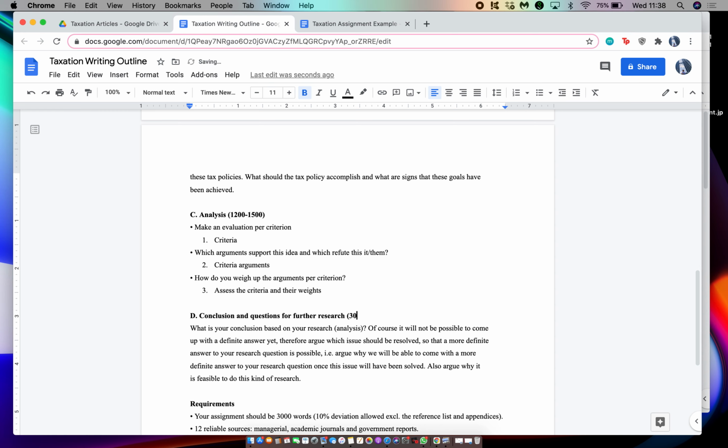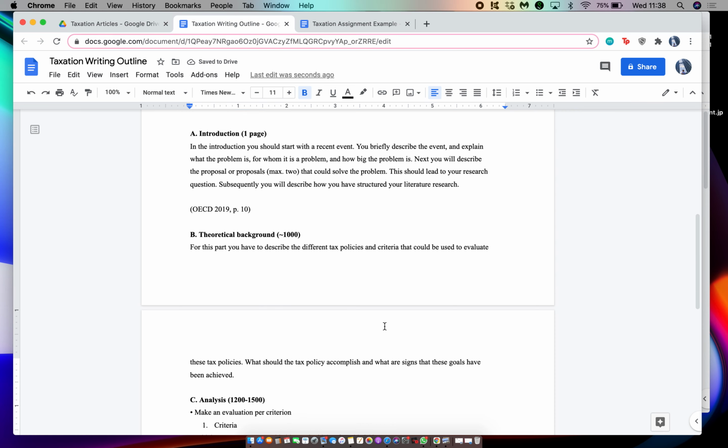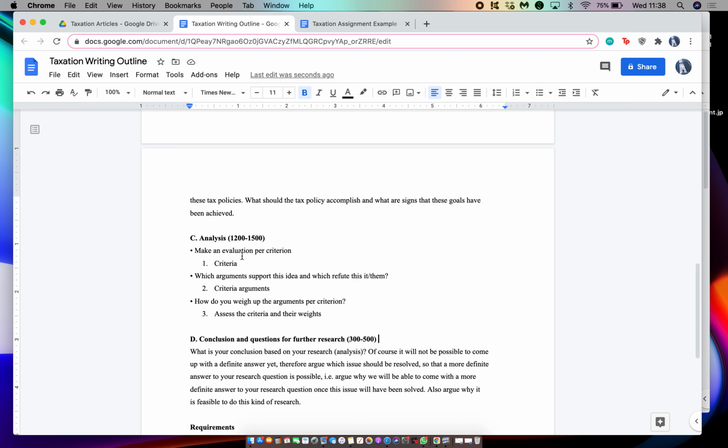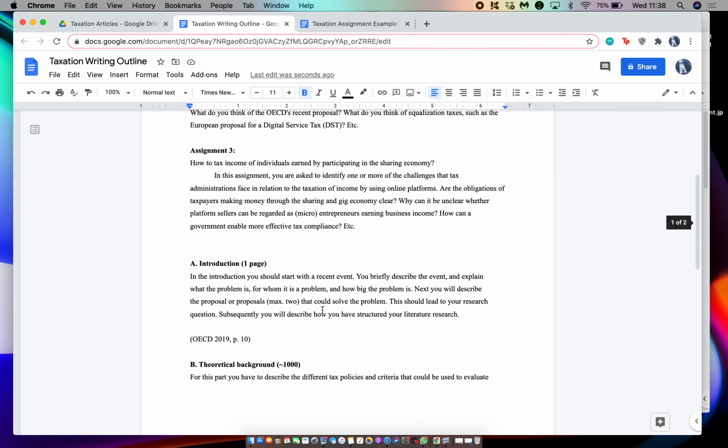It should be probably around 300 to 500 words. So as you can see, the bulk of your writing assignment is going to be your theoretical background, and especially your analysis. You want to make sure that you argue well and have sufficient evidence to support your analysis. So this is just in general how to approach the writing assignment.